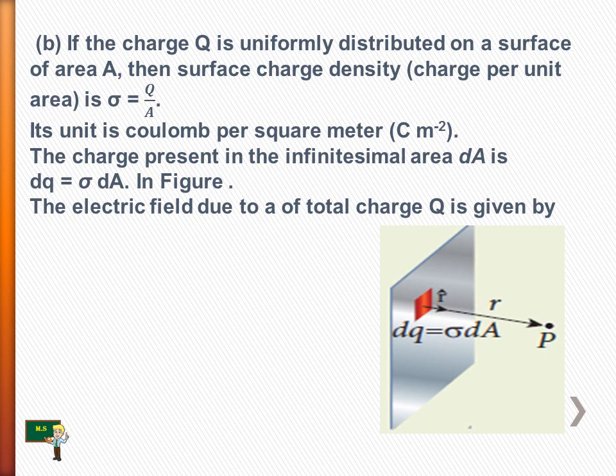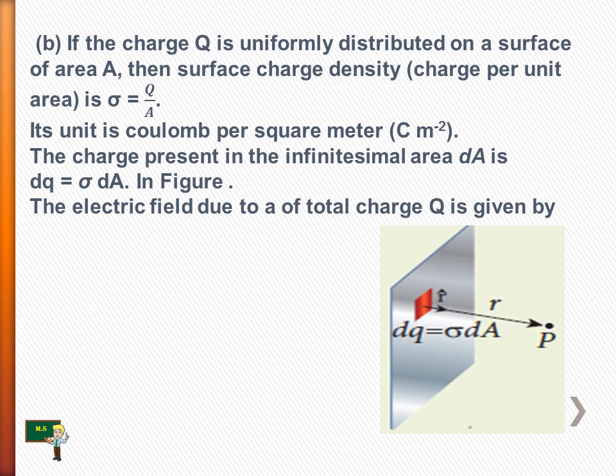Charge per unit area, that means this area has to be divided, and we have to find the charge per unit area. For this, we use sigma, which is equal to Q by A, that means the charge divided by the surface area.